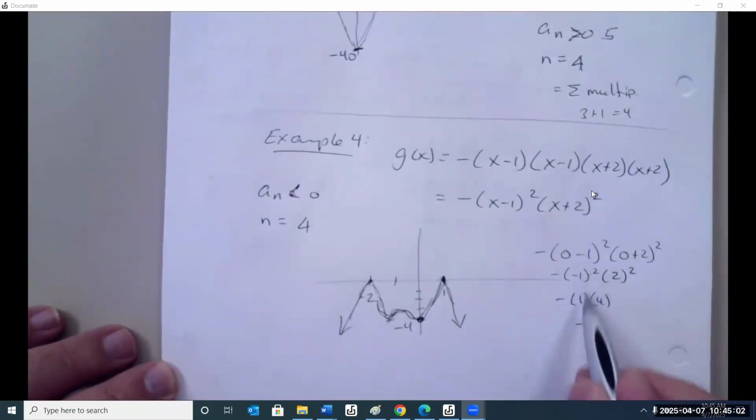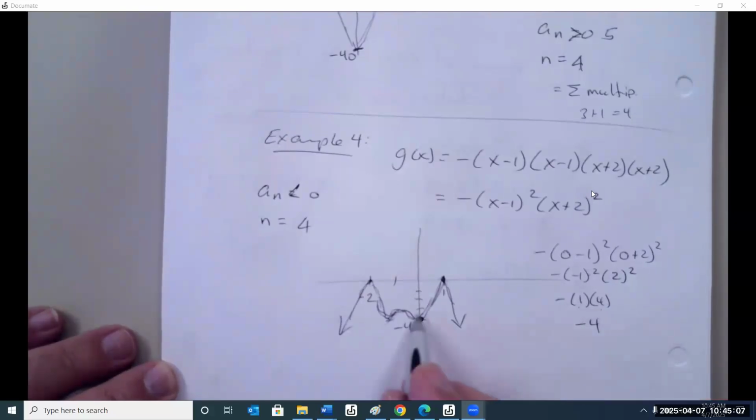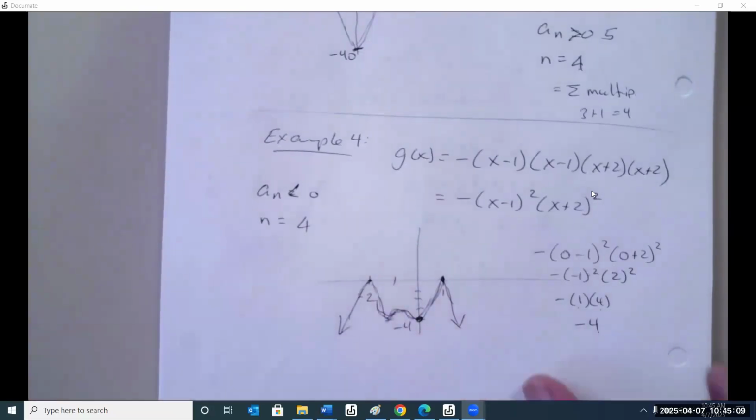So -1 squared is 1, 2 squared is 4, the negative in front. So that's the basic shape of it. We'll go further into that in a minute.